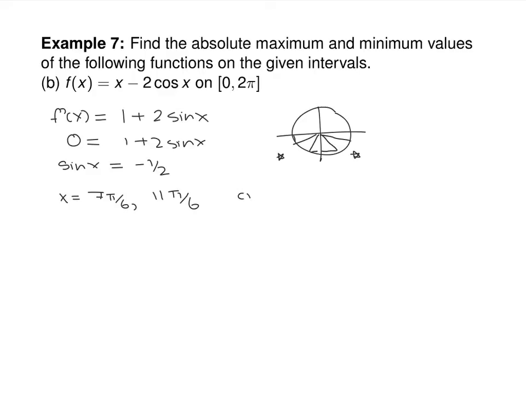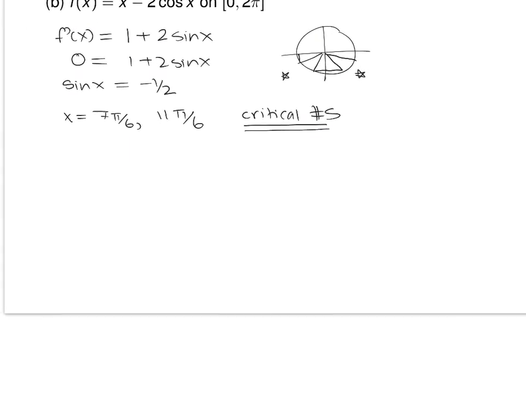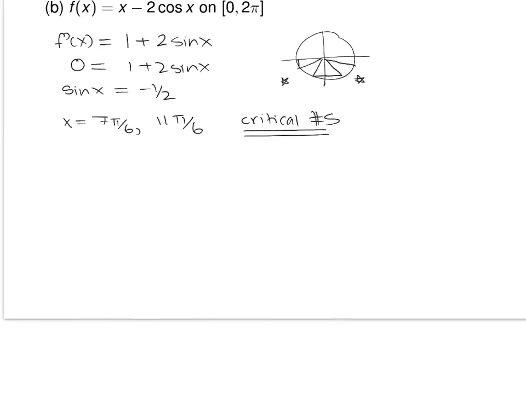So those are your critical numbers, and you're going to have to plug these and the endpoints into your original. Okay? So who do you want to do first?